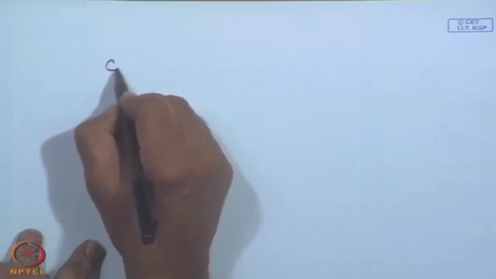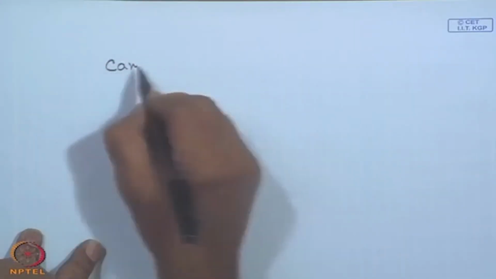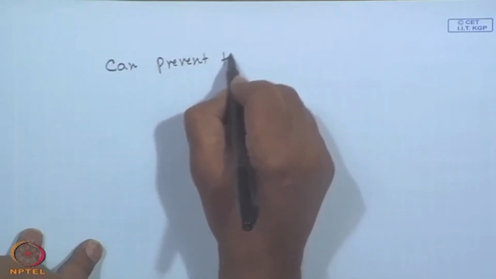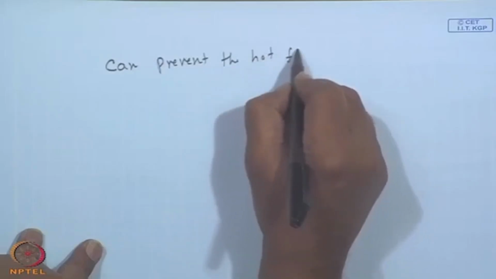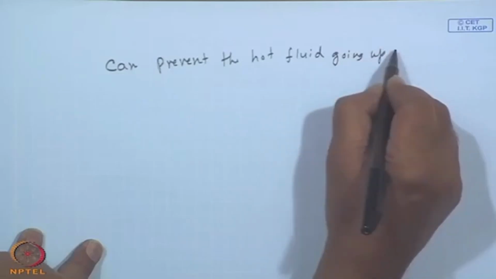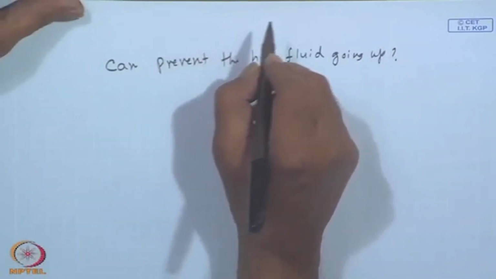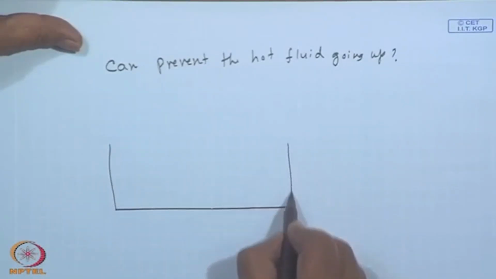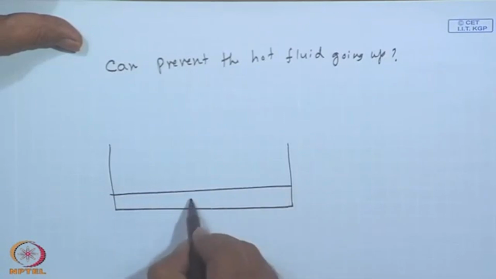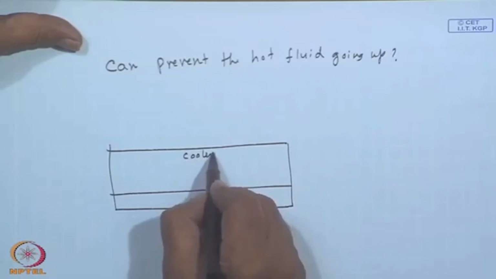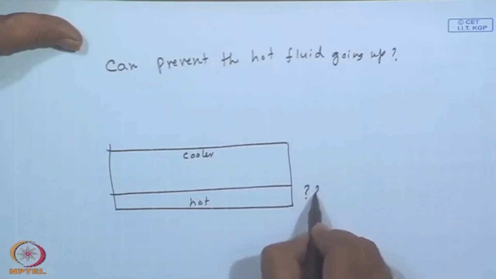Now somehow, if we can prevent the hot fluid going up, if we can do that, you have a situation over here, hot, cooler. How to do this?